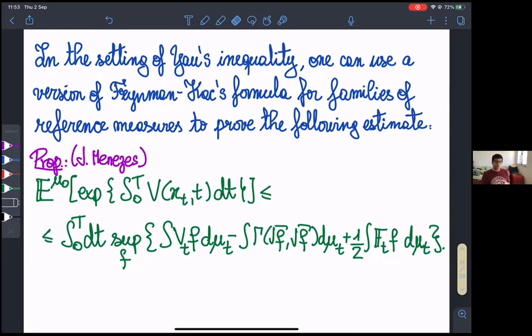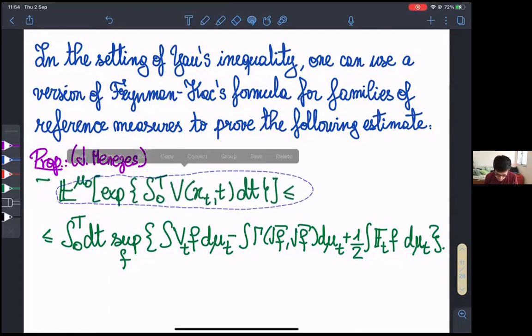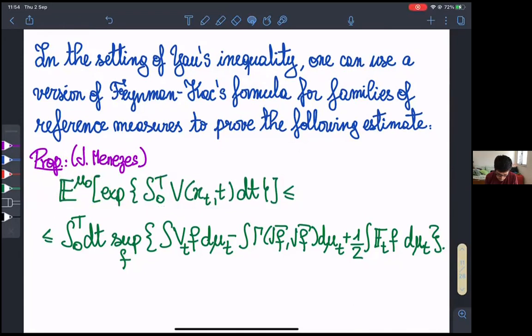If we decided to take the analysis way in Gauss inequality, it means that we can also use this variational formula here, and here I also forgot the logarithm. We also can use this variational formula here to get estimates, okay?